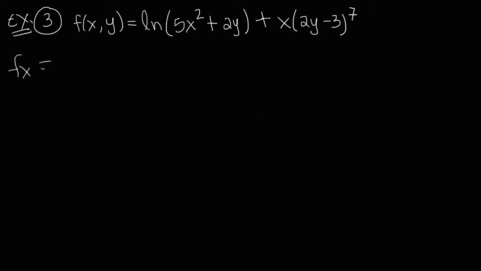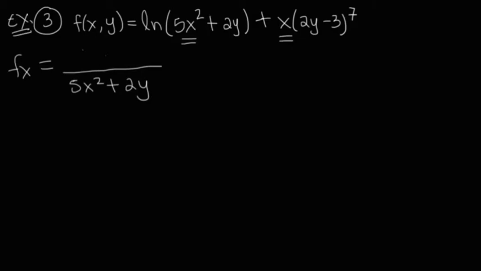If I start with fx, which is a partial with respect to x, I've got an x right there in the x squared, and an x right there as well. When I take the derivative, again, x is a variable, y is the constant. When I'm taking the derivative of ln, review your notes if you forgot, but you take the inner function and bring it to the bottom.